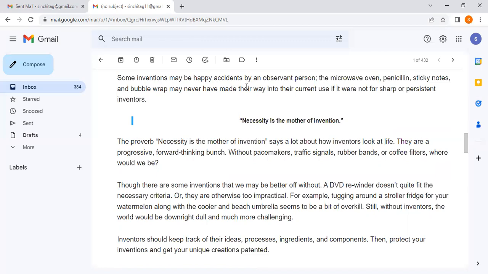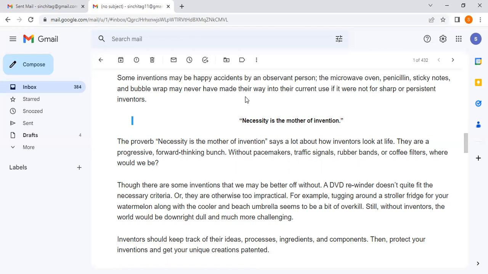The microwave oven, penicillin, sticky notes, and bubble wrap may never have made their way into current use if it were not for sharp or persistent inventors.